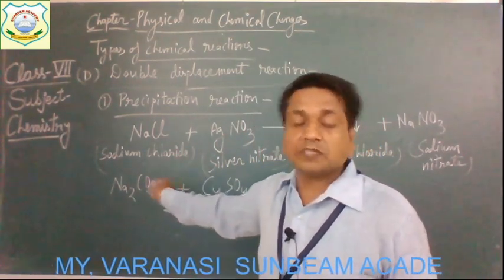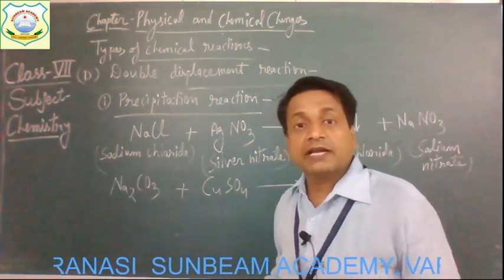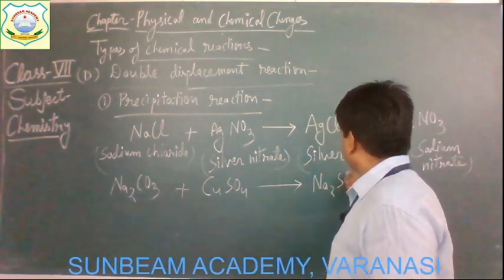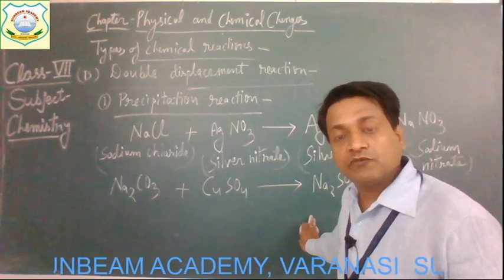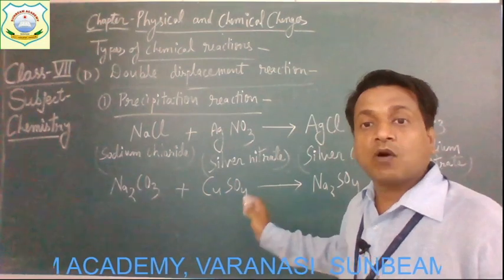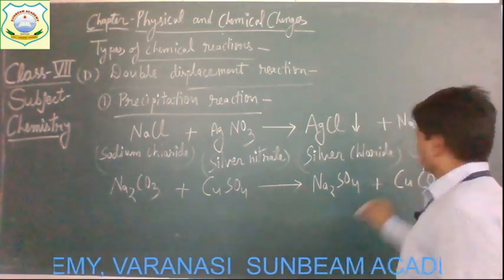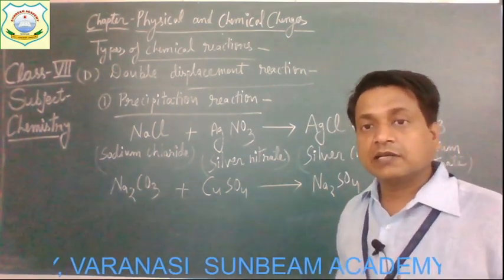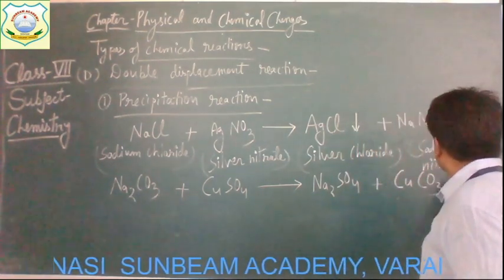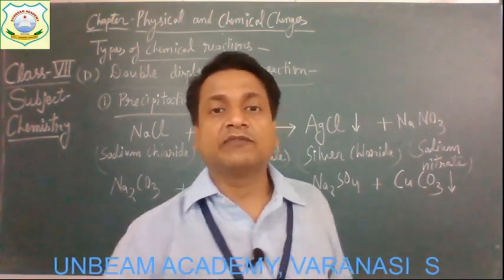So the double displacement reaction will take place, and the products formed are sodium sulfate, Na2SO4, and the second product is copper carbonate. Get it, children? And this copper carbonate will form as a precipitate, so the downward arrow we can put after it.